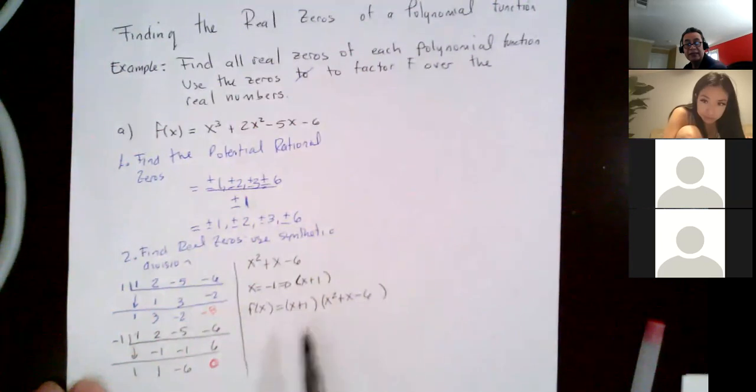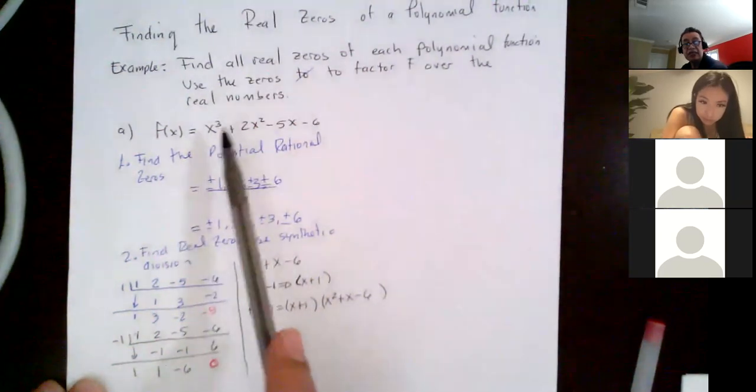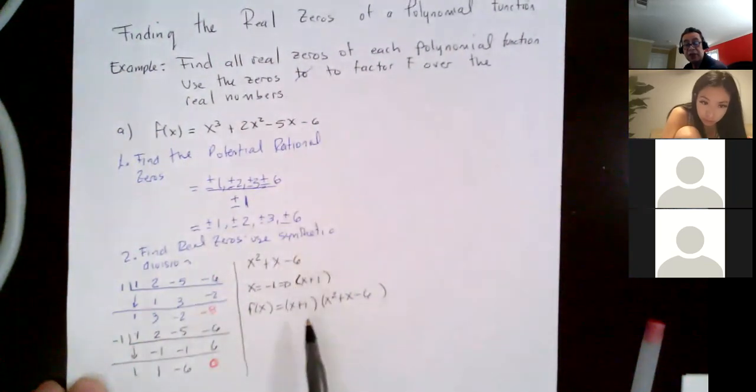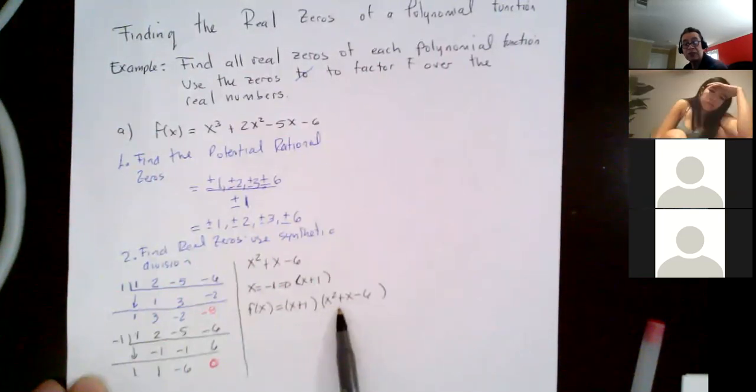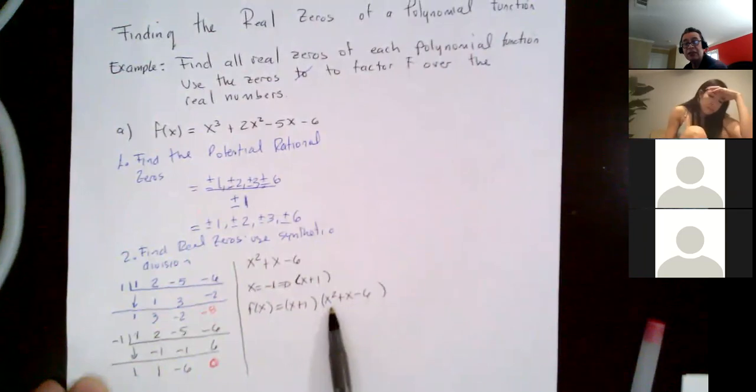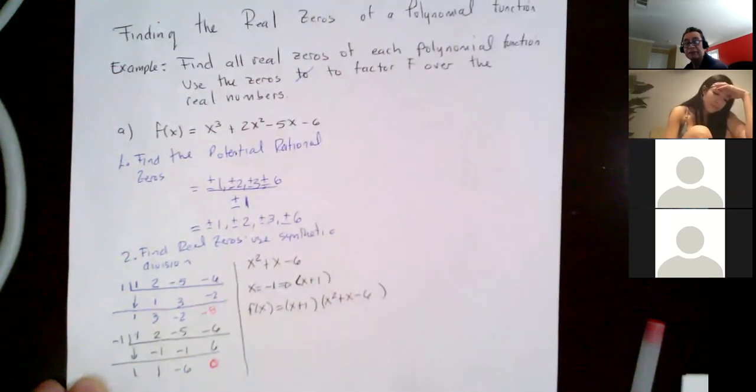If I multiply these two factors, I should get these values right here. But remember, the goal is to factor everything, right? So now, let's factor this trinomial. Let's factor x squared plus x minus 6. Let's use the big X here.